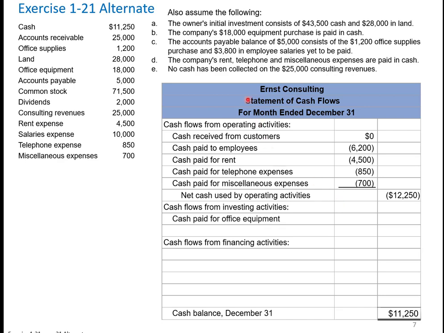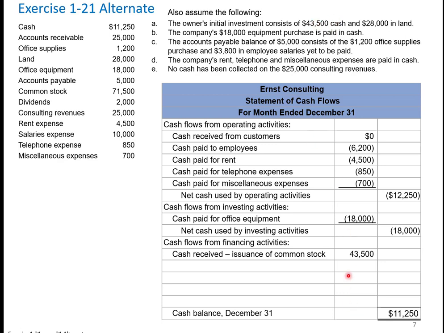So the investing is that one item, a long-term asset that we purchased with cash. That also is a minus because it's cash paid out, and we have a subtotal of the same amount. Then we have our financing, the issuance of stock. So this initial investment was $43,500 in cash. So that's how much cash will be listed for the common stock.